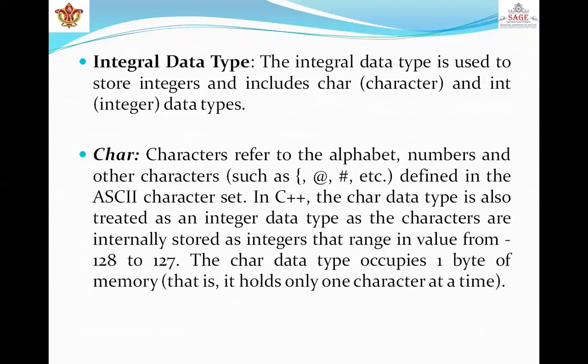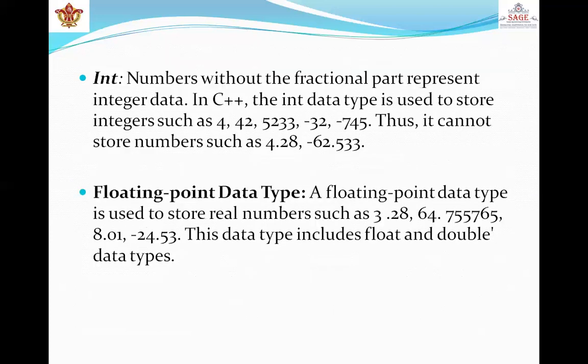The integral data type is used to store integers and includes character and int data types. Character refers to the alphabet, numbers, and other characters defined in the ASCII character set. Int data, numbers without a fractional part, represent the integer data type.